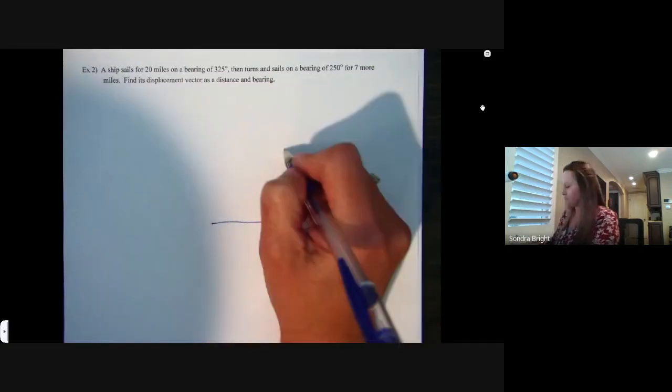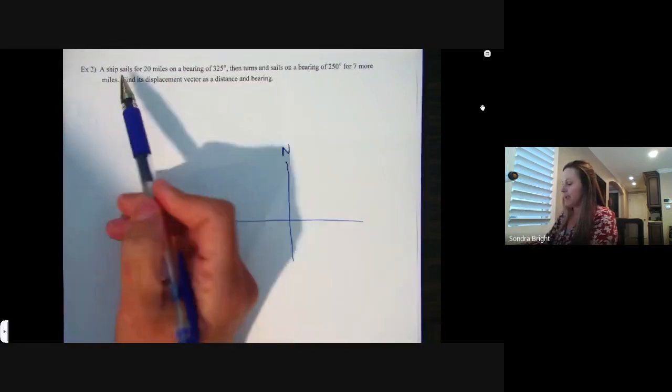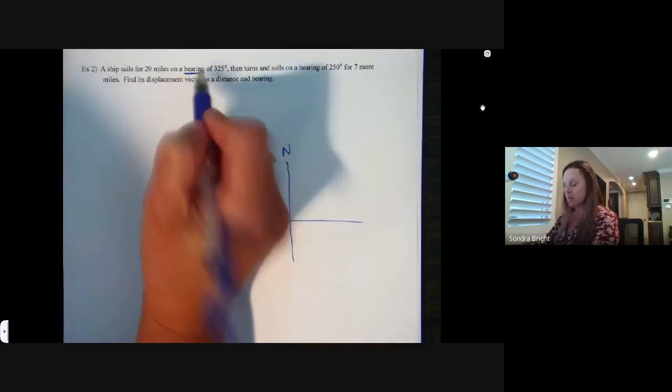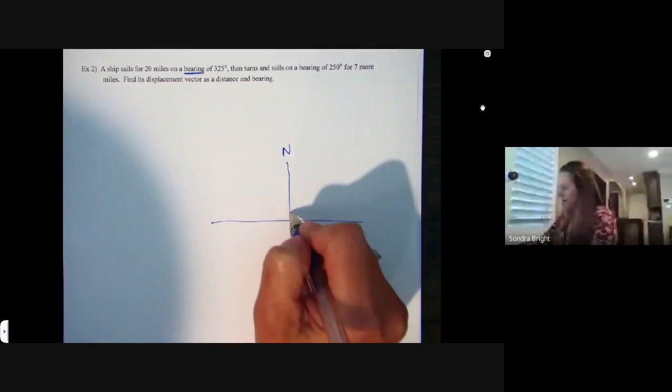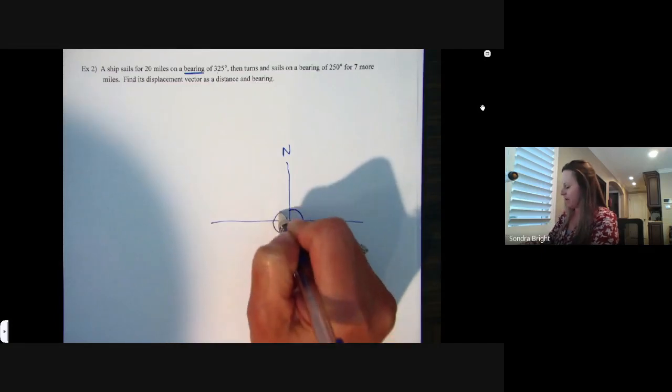North. Okay. First of all, it sails for 20 miles on a bearing of, remember, bearing means from the north going clockwise. So 325 degrees, you're going to start here. This would be 90, 180, 270 and then 325, so to about there.